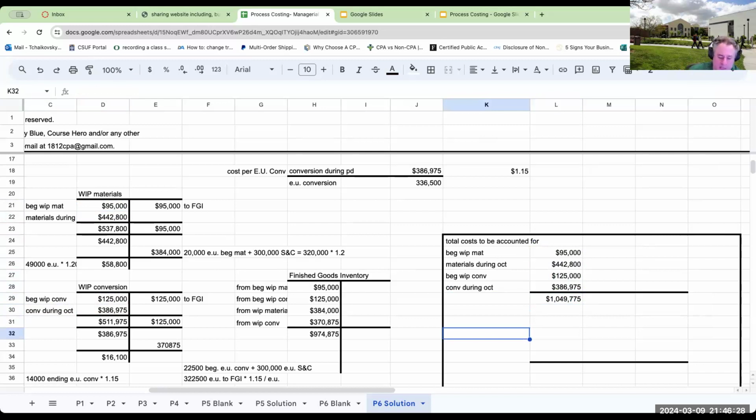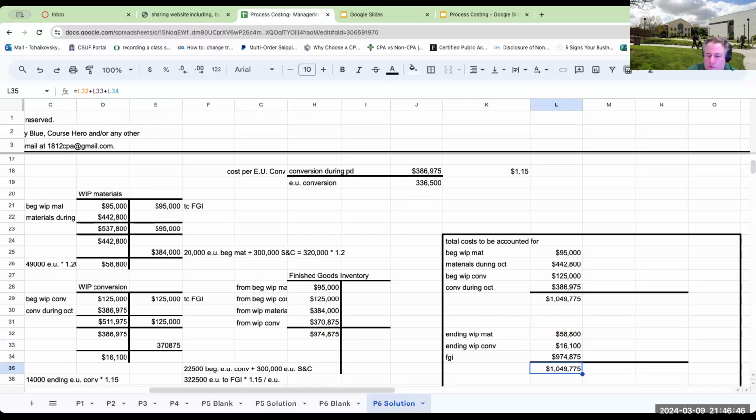This has to equal my ending WIP materials, ending WIP conversion, and then my amount in finished goods inventory, because this is effectively what I have allocated out, or a total of 1,049,775.